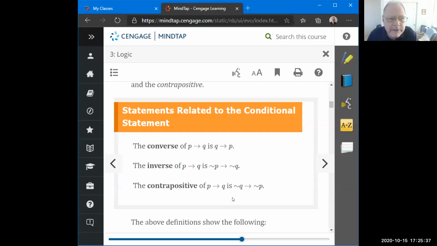For writing proofs, that's sometimes extremely helpful. You can either start with P and try to prove that Q is true whenever P is, or you could start with not Q and try to prove that it makes not P. You look at the P and the not Q and ask, which one gives me more information that's easier to work with? That's the one I want to use. I just prove one of these and I get them both for free because the contrapositive and the original statement have the same truth value.